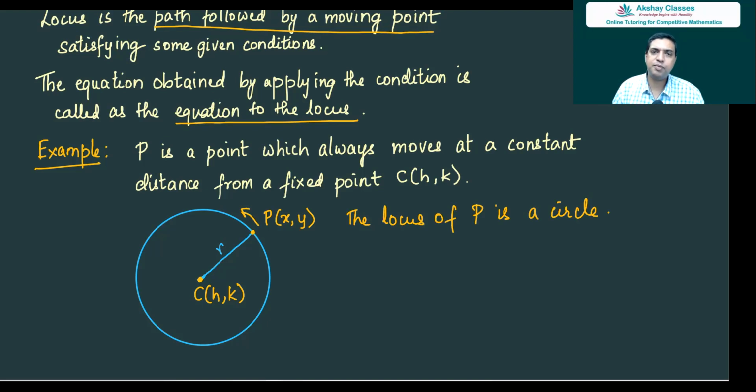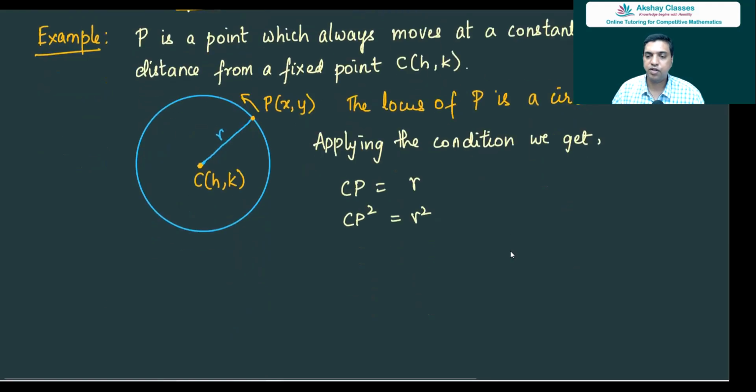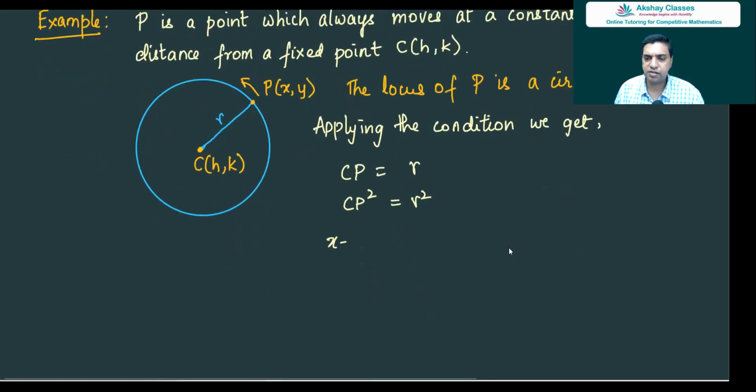Now, what will be the equation to the locus? Applying the condition, we get CP equal to r, so CP square is equal to r square. What is CP square? (x minus h) the whole square plus (y minus k) the whole square is equal to r square.